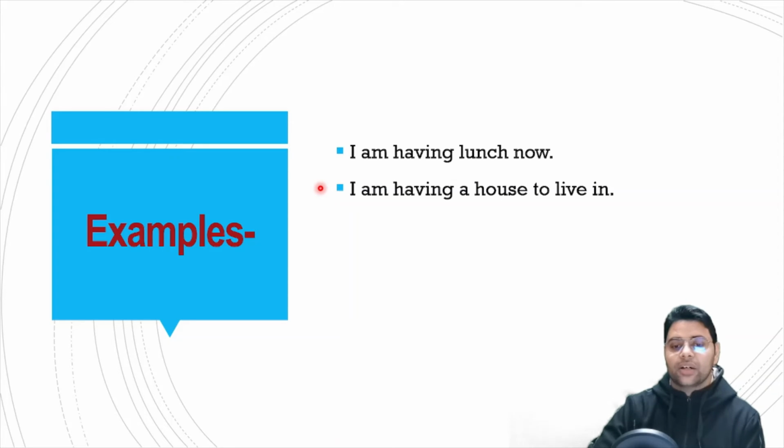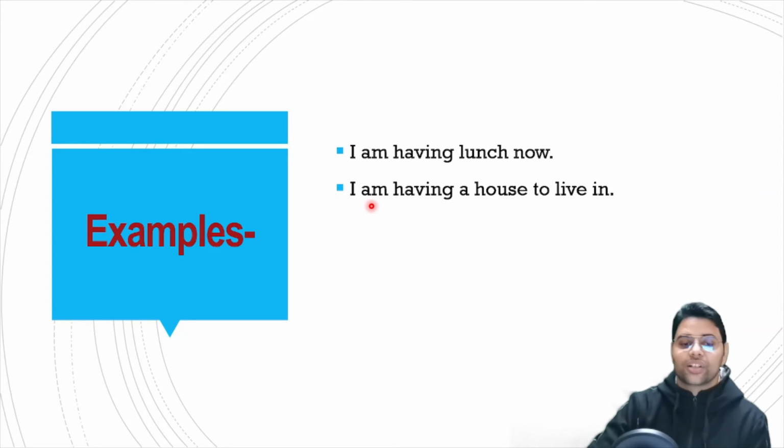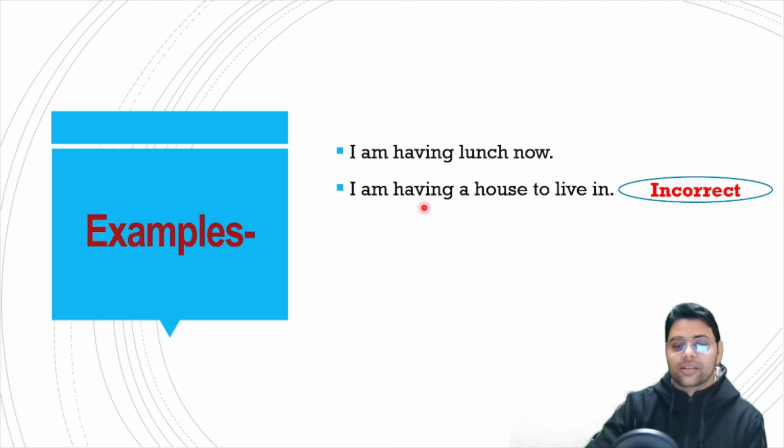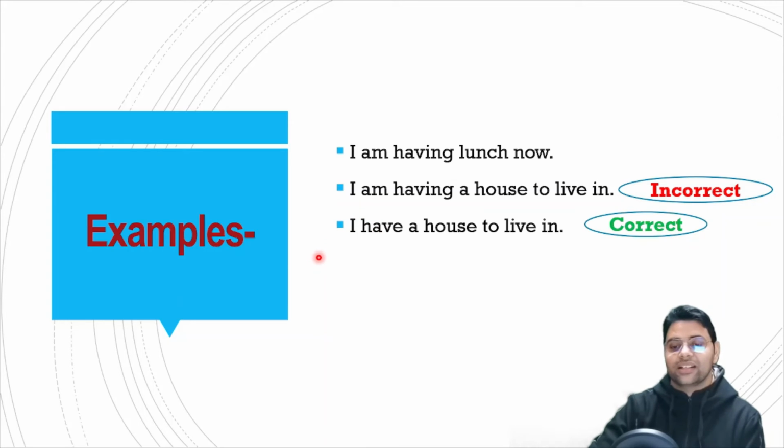I'm having a house to live in. Here it means I possess a house, or I own a house to live in. When have means to possess or own something, in that sense have is stative. So the sentence is incorrect because a stative verb cannot be expressed in continuous tense. We have to make it indefinite: I have a house to live in. Now the sentence is correct. I hope you understand.